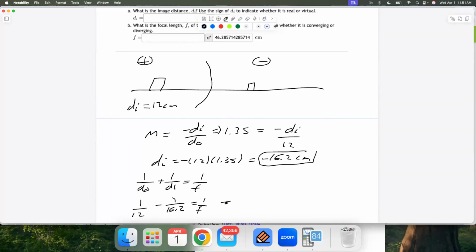And you type that all in your calculator and you will get f equals what we have up here, 46.29 centimeters. Because f is positive, that means we must have a concave or converging mirror.